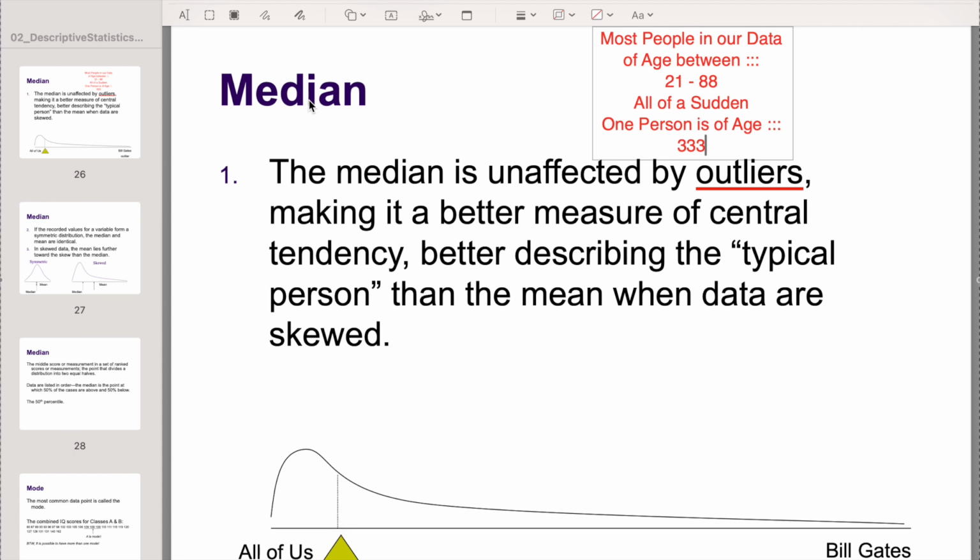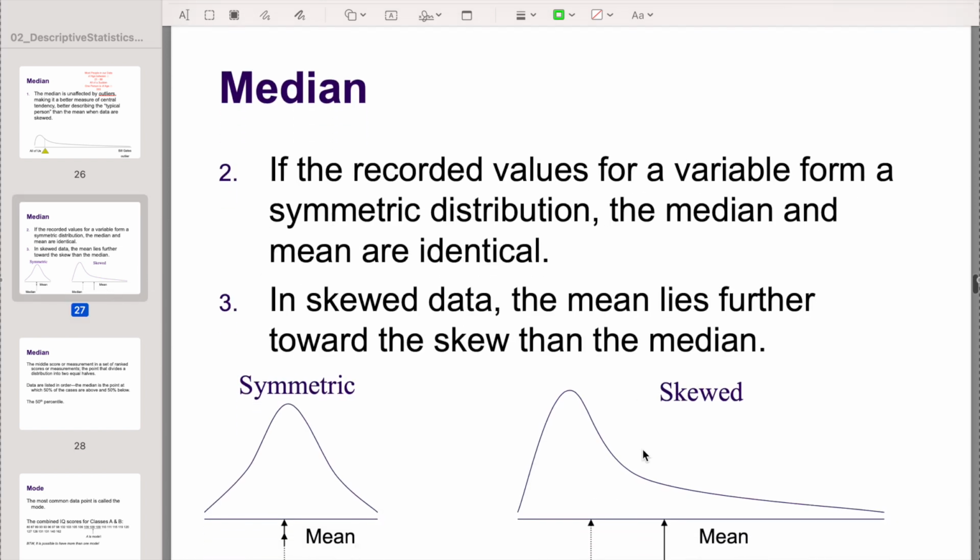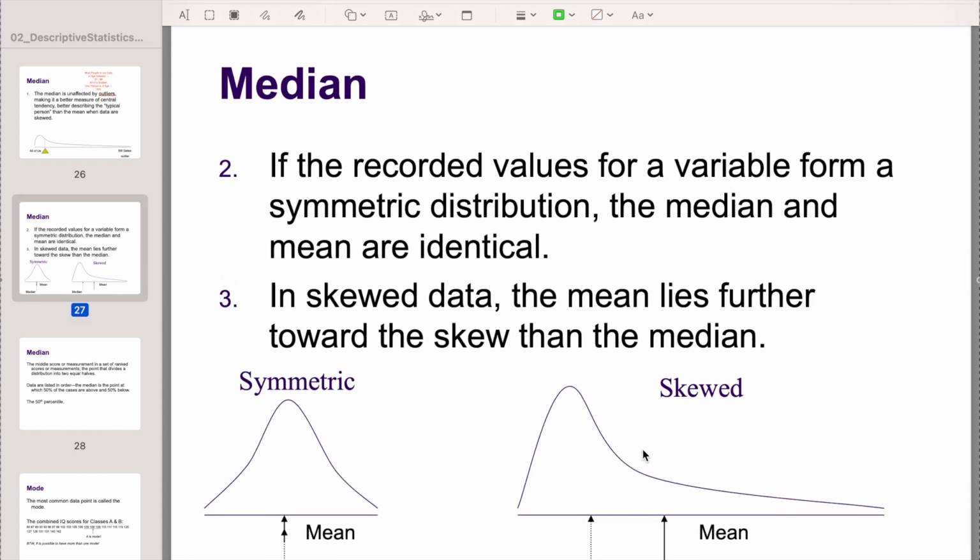So with median, that is not going to happen because we just take the point that is in the center. So we'll have between 21 and 88 and then the 333 in the end of all of this. That doesn't matter. We take the point that's in the center, so our calculation is not affected, but the mean can be skewed from an outlier like this. That's completely possible.